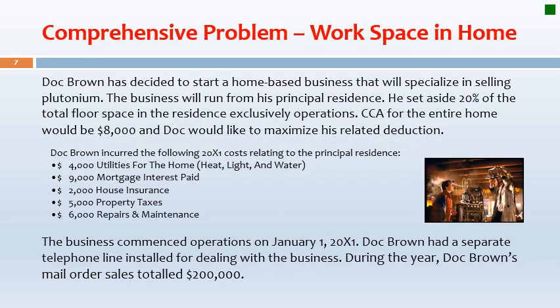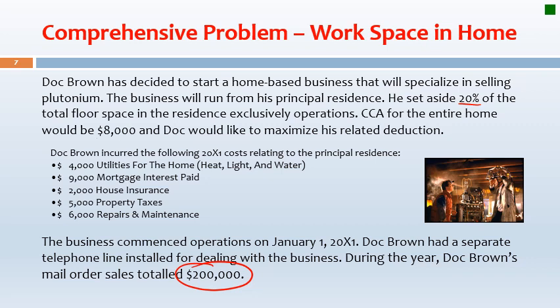So when calculating Doc Brown's home office expenses, we're going to take into account the fact that he had revenues of $200,000 during the year. This is because home office expenses will be limited to that amount of revenue. We know that he has 20% of his home dedicated to the business, so only 20% of any allowable expenses relating to the home are going to be deductible. So we can look through the potential expenses here.